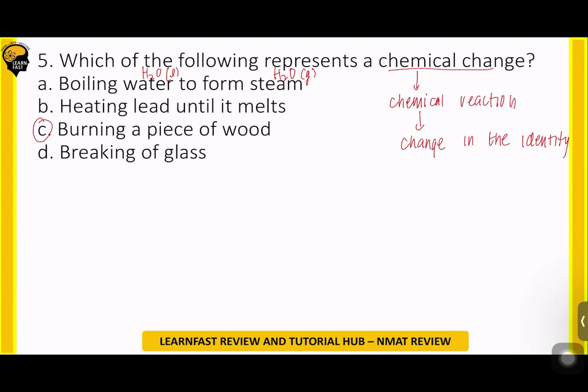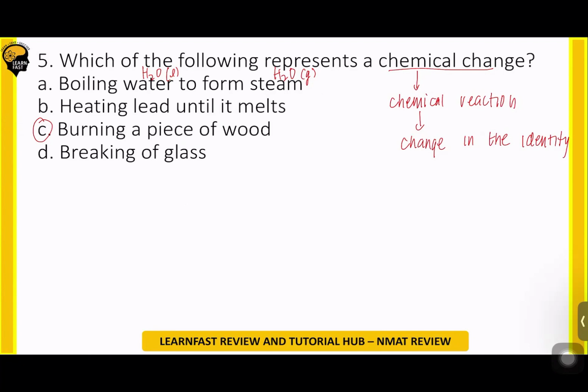So in summary, when you say chemical change, the process involves a chemical reaction, and at the same time, there's a change in identity. Of course, when you say chemical reaction, it's the conversion of one substance into another, right?